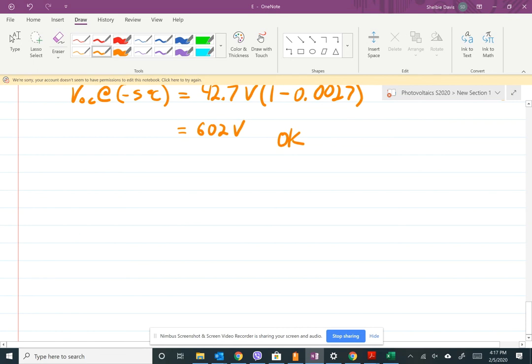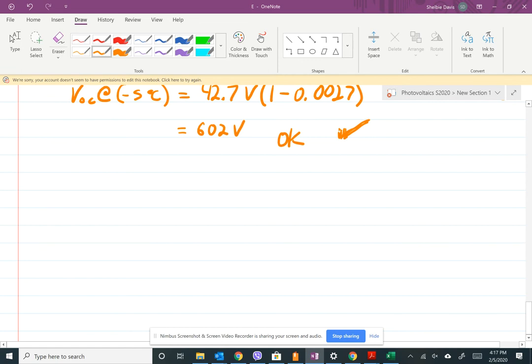So we need to check the nominal operating conditions to make sure that the system falls below 600 volts usually. So what I'm saying is, I said okay, this is fine, but we want to ensure that when I say that's okay, that's actually true. So let's do that.